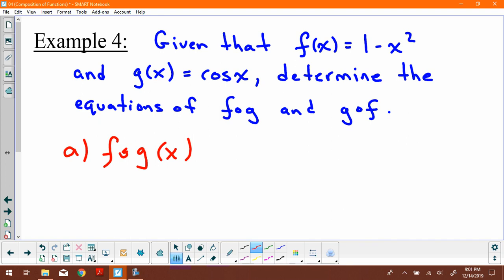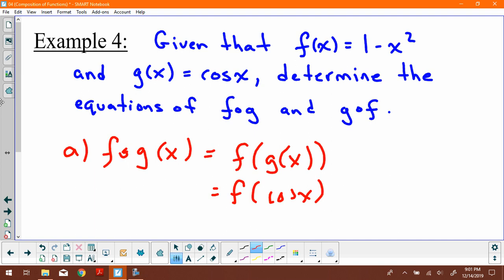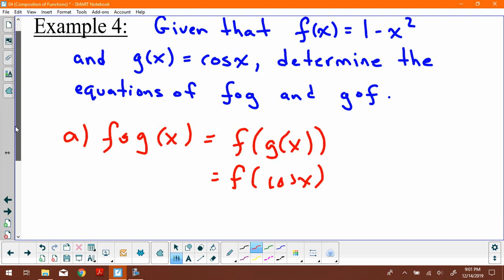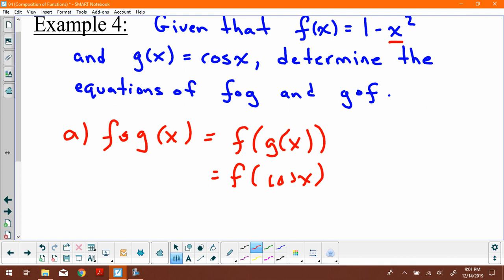Once again, same idea. This means I'm going to do f of g of x. So that is f of, my function g is cosine of x. Now when I look at f of x, I replace x with cosine x, so this becomes 1 minus cosine of x squared.